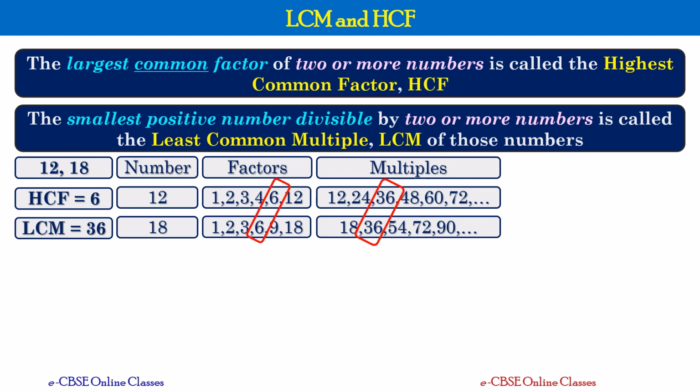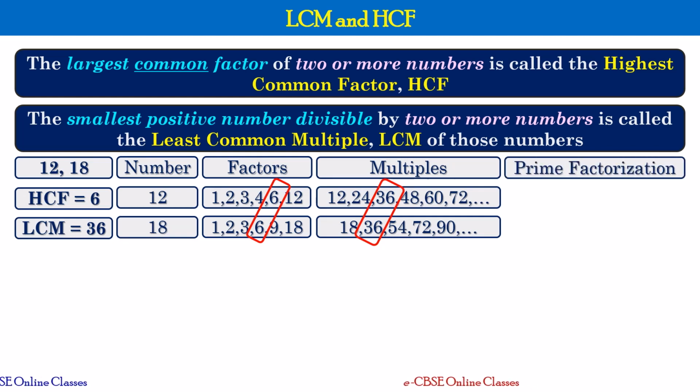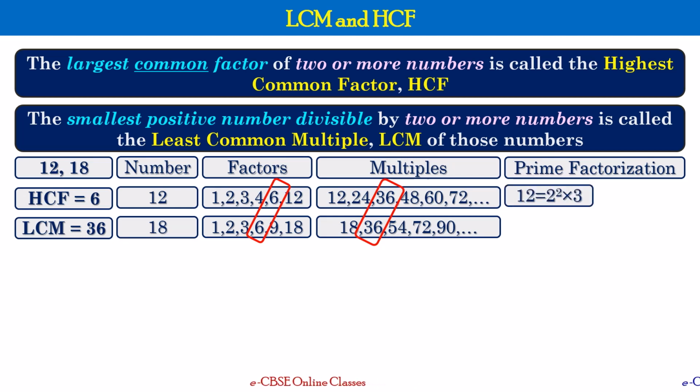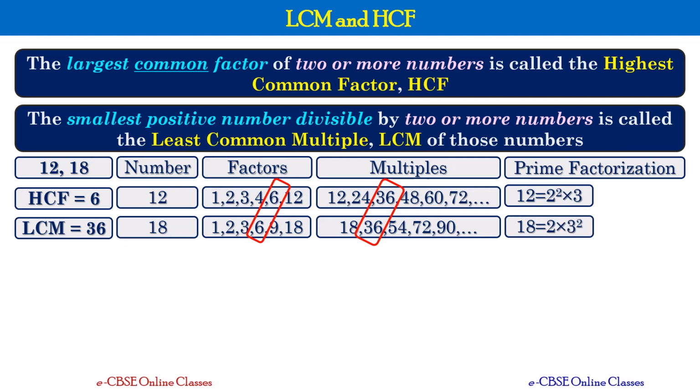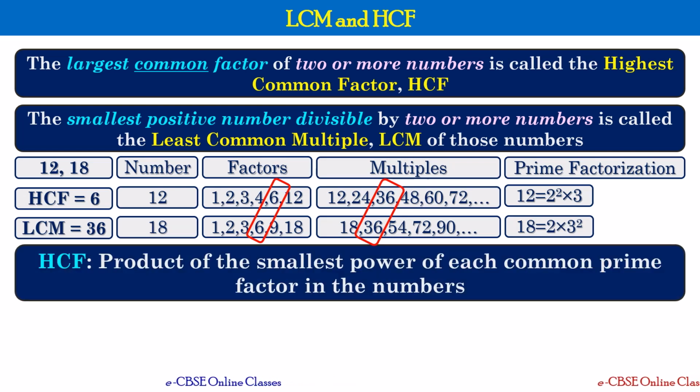Now let us try to do prime factorization for both these numbers. 12 is equal to 2 square into 3 and 18 is equal to 2 into 3 square. Now we can use prime factorization to further define LCM and HCF. Using prime factorization, the HCF can be defined as the product of the smallest power of each common prime factor in the numbers.